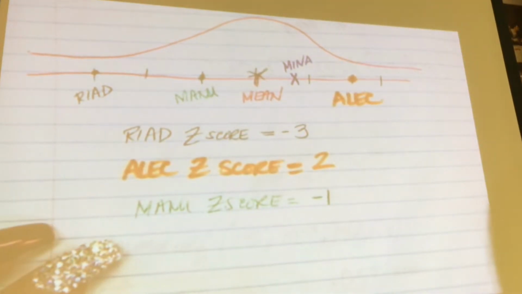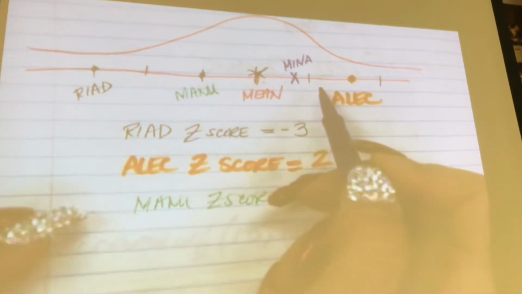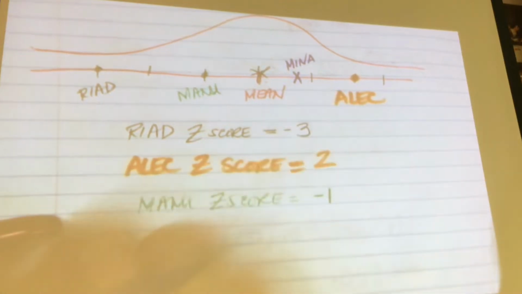What's his Z-score? Can you tell me exactly what it is? No, right? But you know it's between 0 and 1, but you don't know what it is exactly. Okay, and that's what we're going to be doing today.